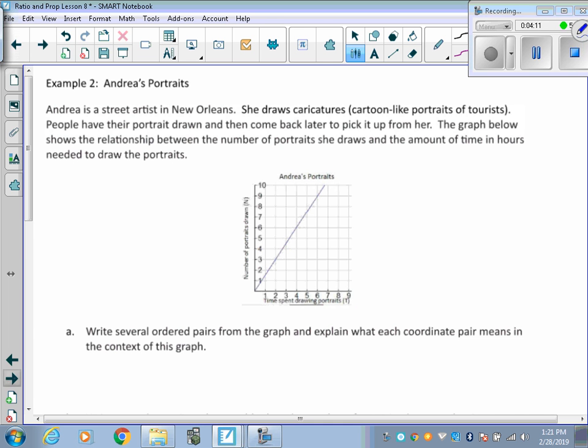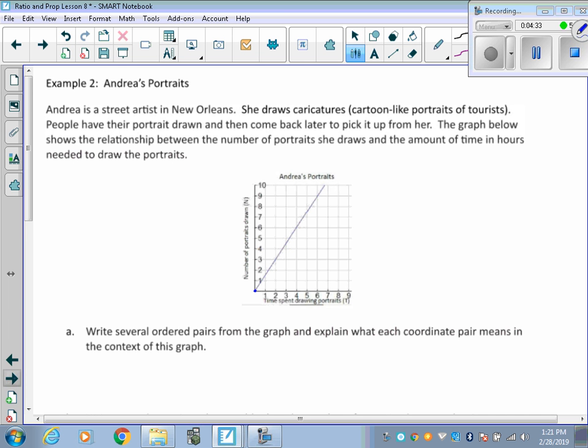The next one shows a graph, and we want to look at certain points on this graph. All right, street artists in New Orleans that draw cartoon-like caricatures. Sorry, that's kind of a hard word to say. So we have 0, 0, we know that point, and that shows it's proportional. It's 0, 0, and it's a straight line.